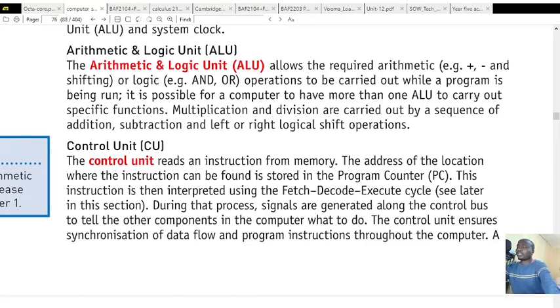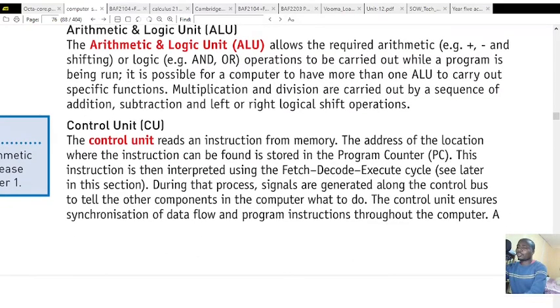During the process, signals are generated along the control bus to tell the other components of the computer what they are supposed to do, or in essence what they are supposed to work upon. So the control unit ensures there is synchrony of data flow and program instruction throughout the computer. So that is the main function of the control unit.